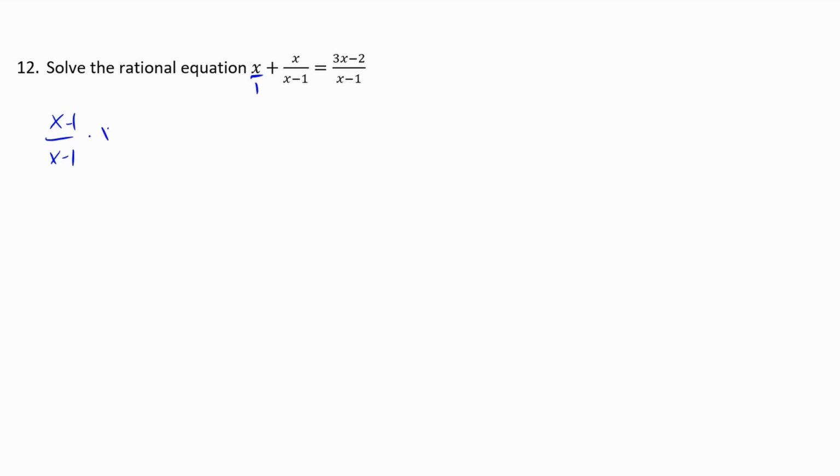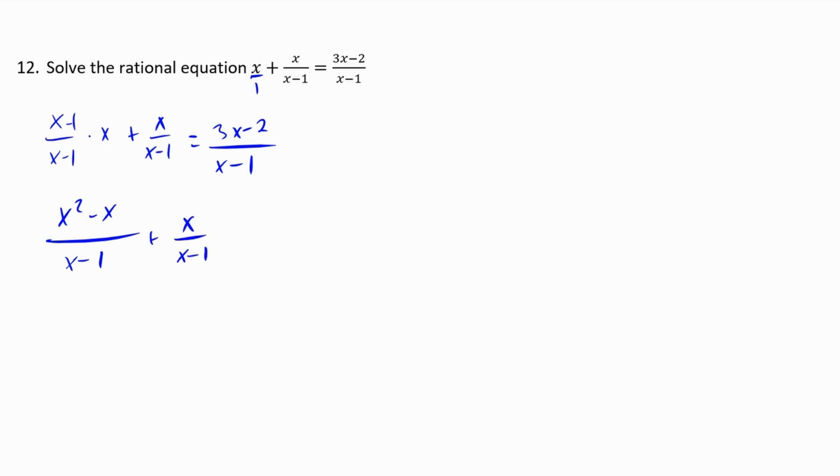Let me just write out everything. All right, so I'm going to distribute: x squared minus x over x minus 1 plus x over x minus 1 equals 3x minus 2 over x minus 1.